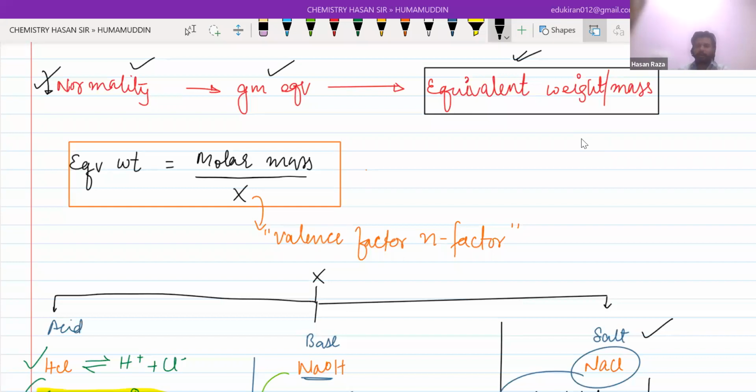It's just like number of moles, and before gram equivalent, we have to know equivalent weight. See, what is equivalent weight? Equivalent weight is equal to molar mass upon x.